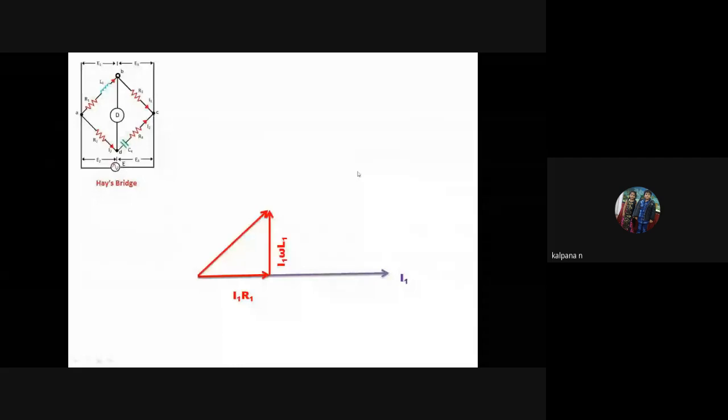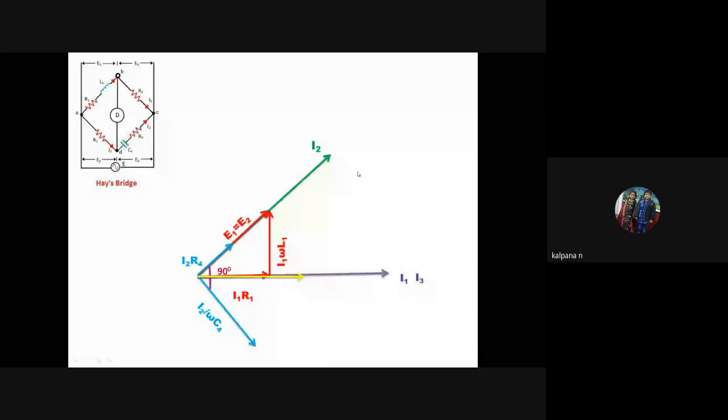So I1 R1 plus I1 omega L1 is E1. Okay, so the bridge is balanced. E1 is equal to E2, and E2 is flowing through R2. So I2 is also in phase with E2. Next, I2 R4 is also in phase with I2, and I2 by omega C4 is lagging I2 R4 by 90 degrees. Next, I3.